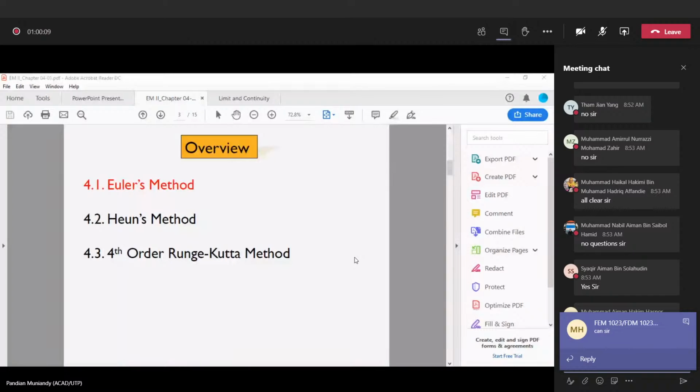So you may wonder, why 4.1? This is the relationship between chapter 1 and chapter 4. Today's lecture is about chapter 1 up to chapter 5, but we don't have time to do chapter 5. We already spent a lot of time on chapter 5.